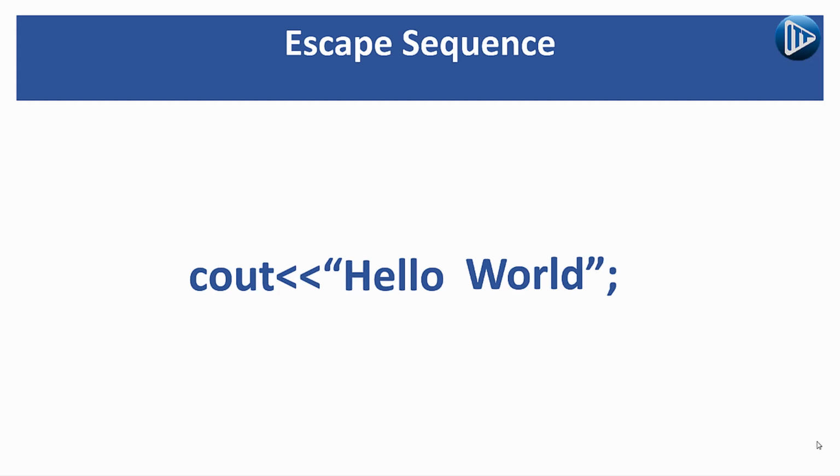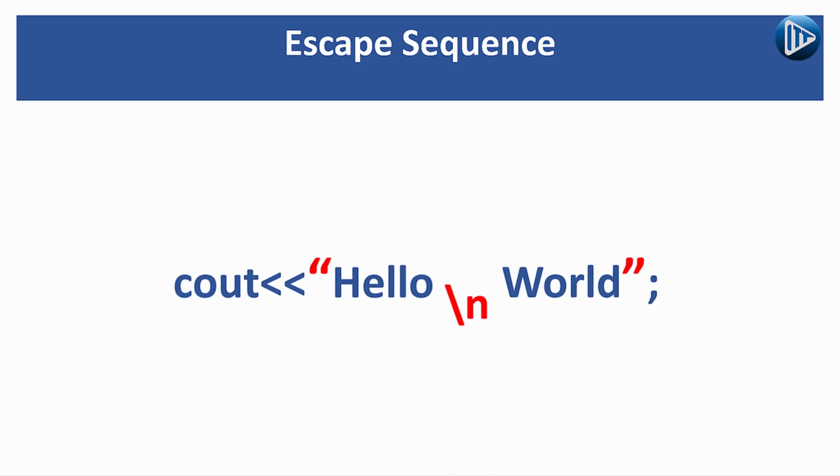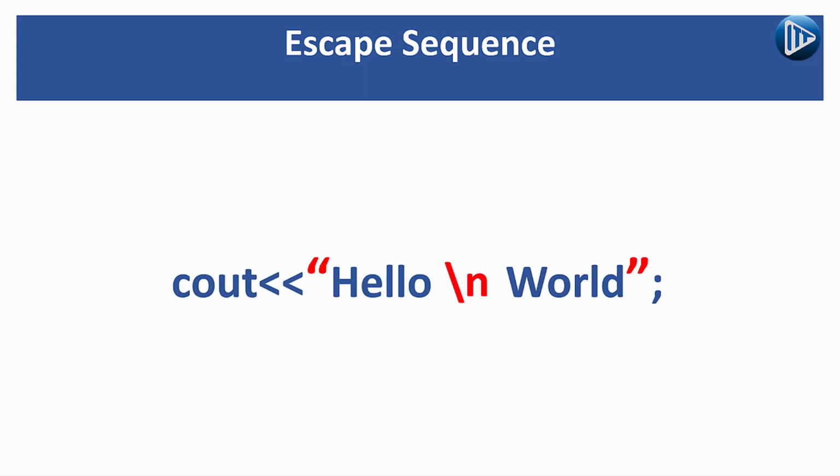Well, an escape sequence is a sequence of characters or group of characters used between the double quotation marks over here. This group of characters usually starts with the backslash character and is then followed by a letter or group of letters, or maybe a group of numbers.